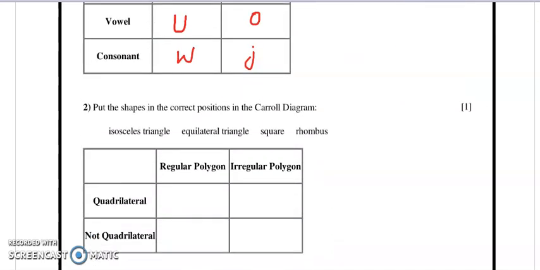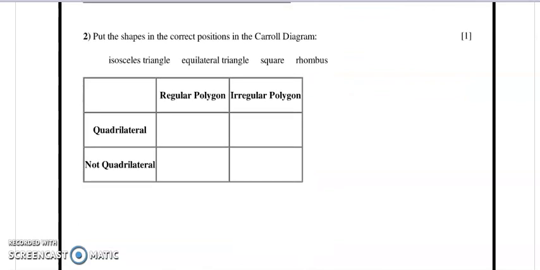Now let's have another example. We have certain shapes that we want to put in the correct position. We have quadrilateral and not quadrilateral, and then regular polygon and irregular polygon. It might be new for you, but briefly, a regular polygon means a shape in which all the sides are equal.